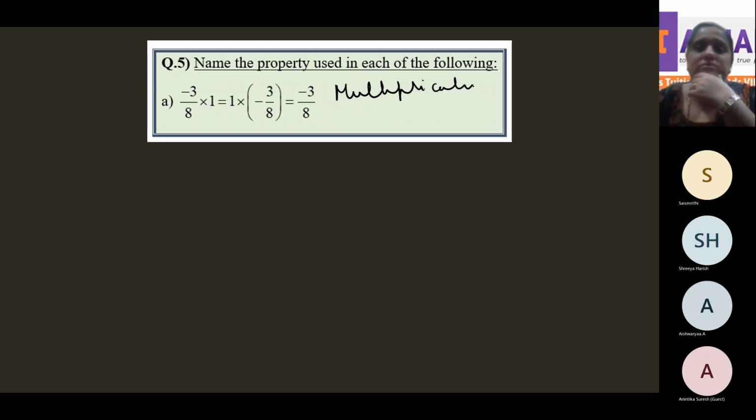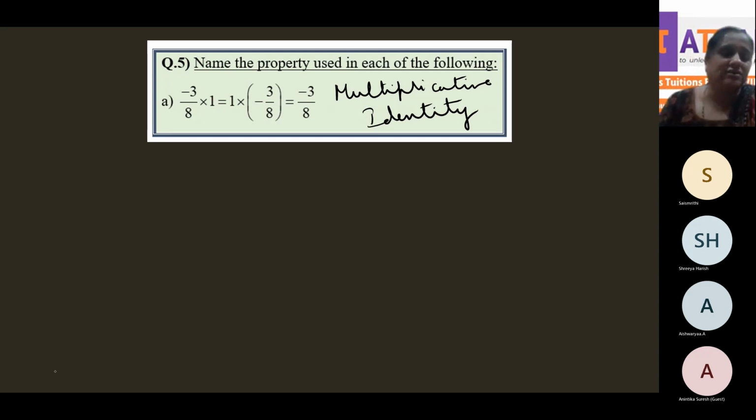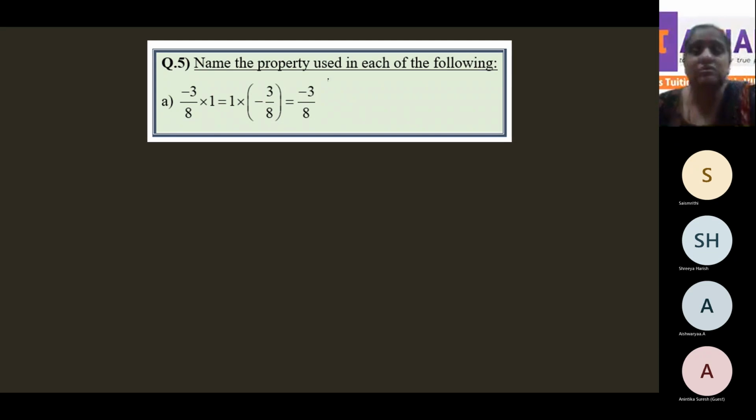Multiplicative identity. The existence of multiplicative identity. That property is reflected here. What property is reflected here? The existence of multiplicative identity is shown here.